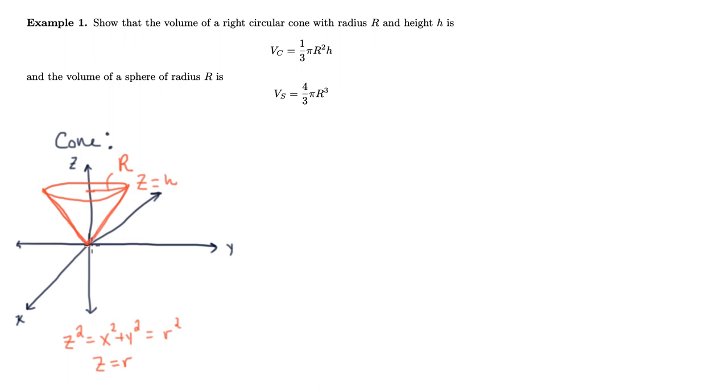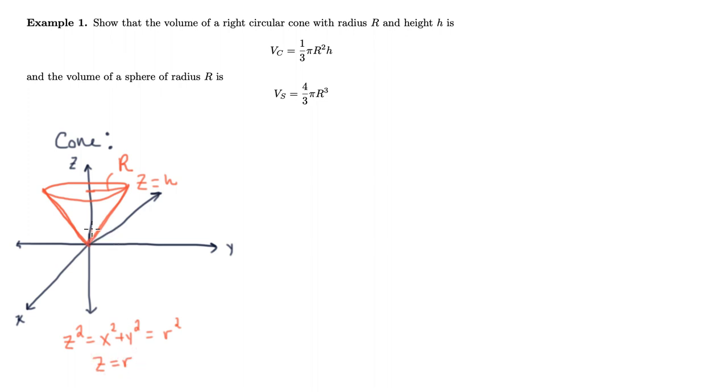But that's assuming that r is just increasing in one-to-one correspondence with z. But now the slope of this line, if I look in the zy plane, may not be 1. In this case it's 1.